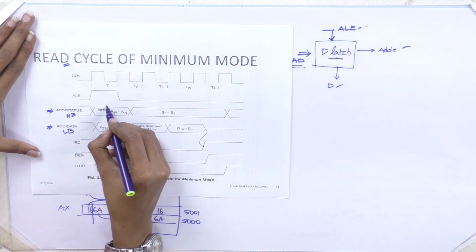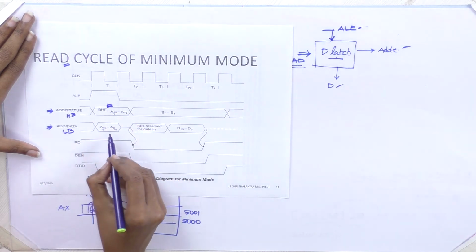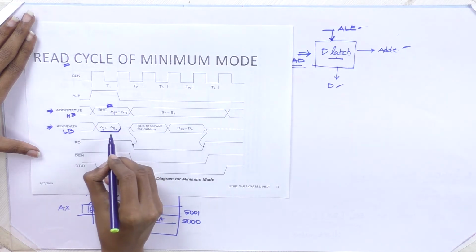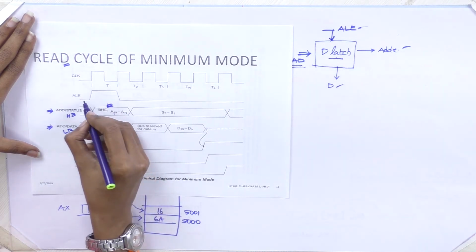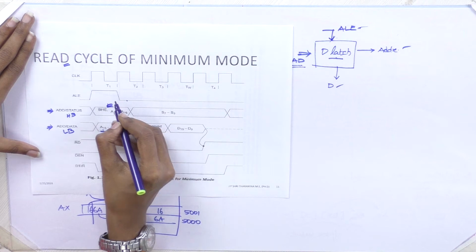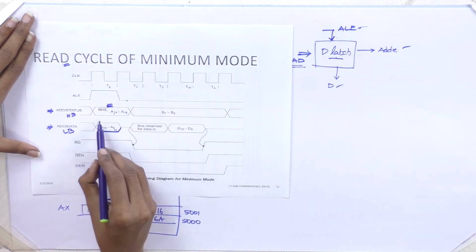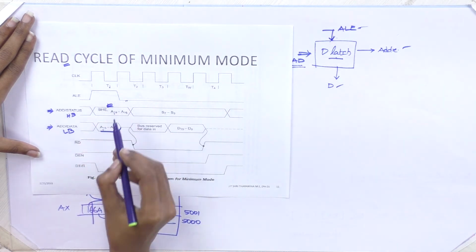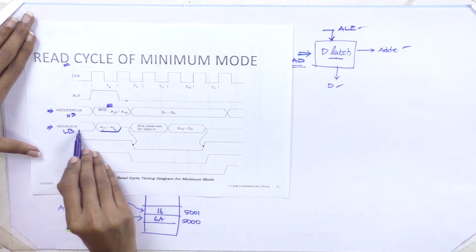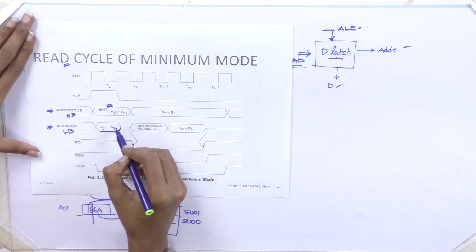To demultiplex the data and the address lines, the address latch enable should be high. So that's why at T1 my address latch enable is high, so that the address values are split from the data. So now we know the address.